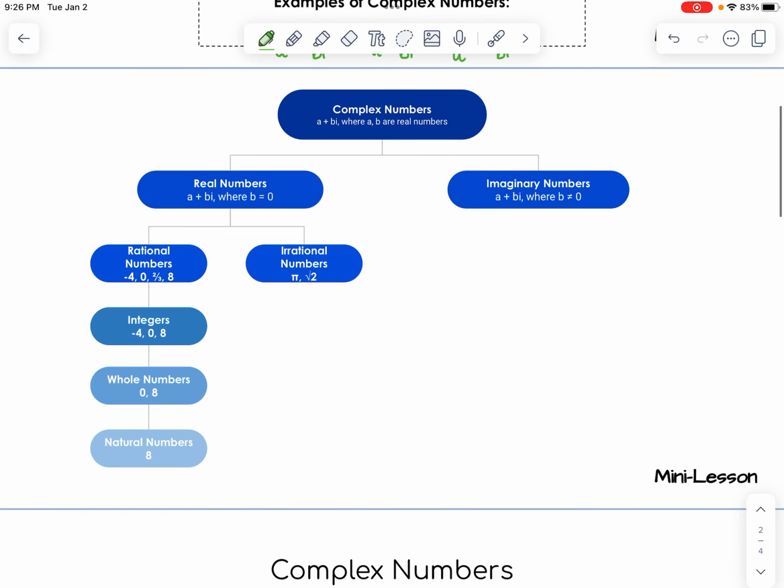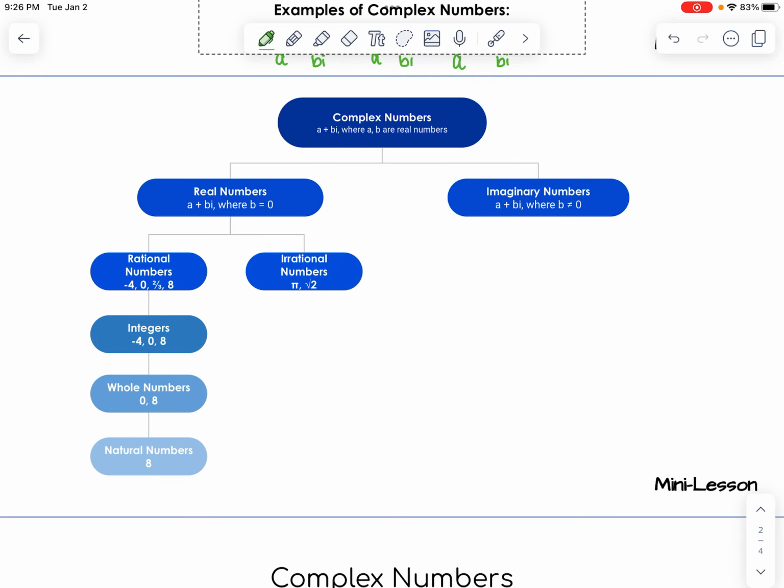Now, where do complex numbers fit into the number family tree? Complex numbers are the top of the family tree. So all numbers can be considered complex numbers. But when a complex number is missing a part of the full standard form, that's when it breaks down into the more specific categories.